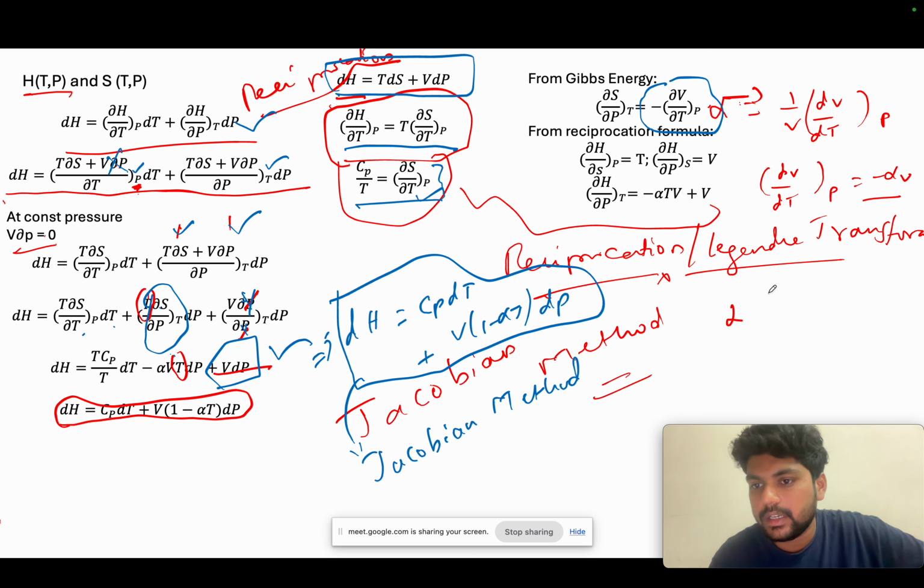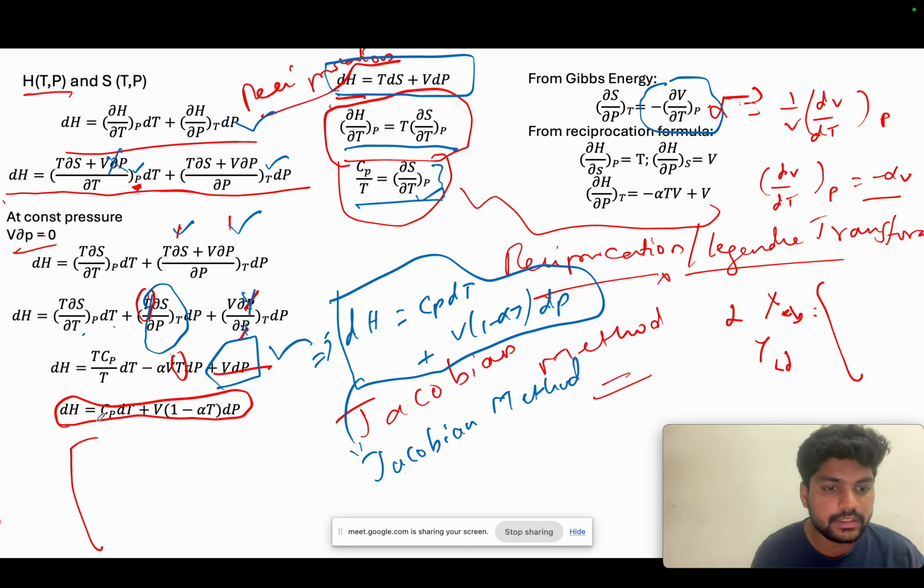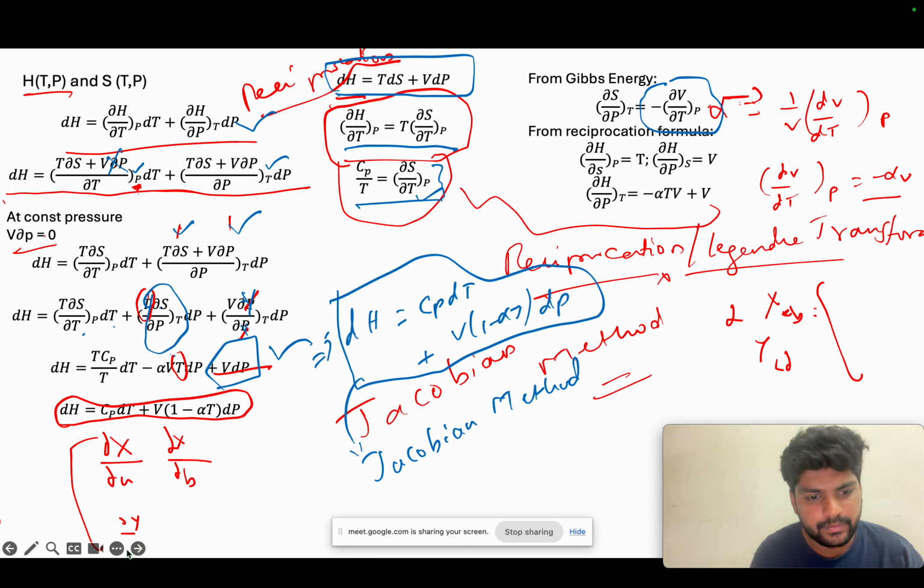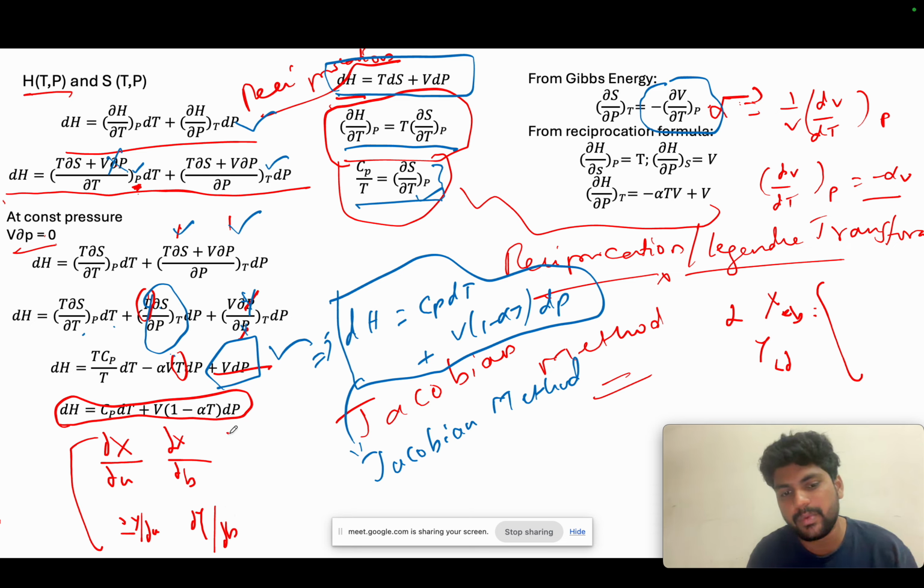Suppose x is a function of A and v, and y is a function of A and v. Then the Jacobian will be written as dx by dA, dx by dv, then dy by dA, and dy by dv. Then we apply the matrix rule, AD minus BC: dx by dA times dy by dv minus dx by dv times dy by dA, and then we differentiate from there.